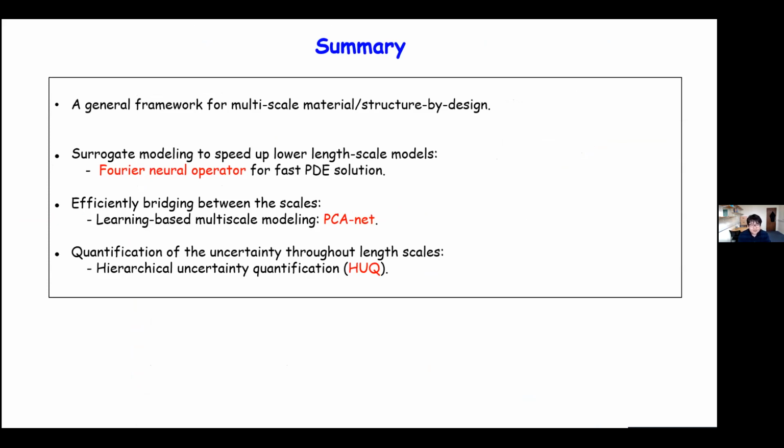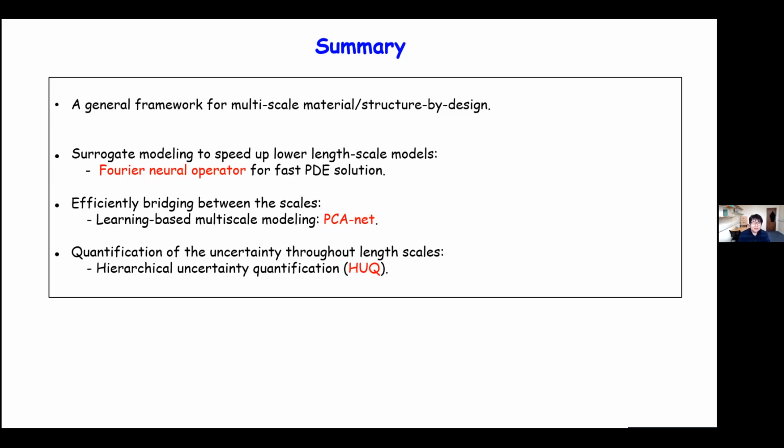Specifically, we have proposed these Fourier neural operators for fast PDE solution. We also looked at how we can efficiently bridge between the scales, and to this end, we have proposed this learning-based multiscale modeling called PCANet.